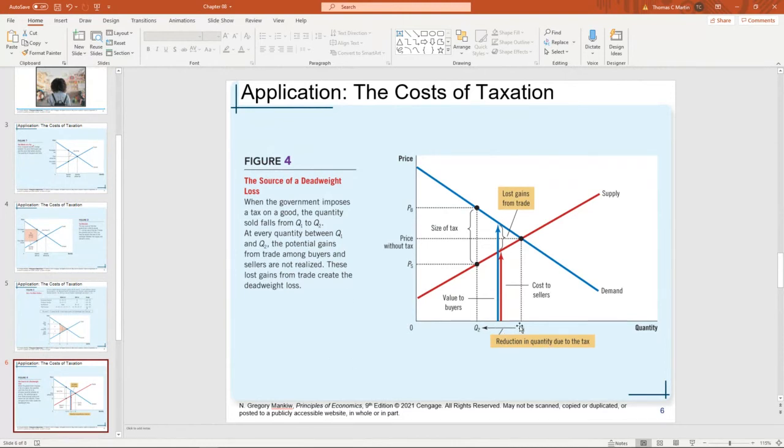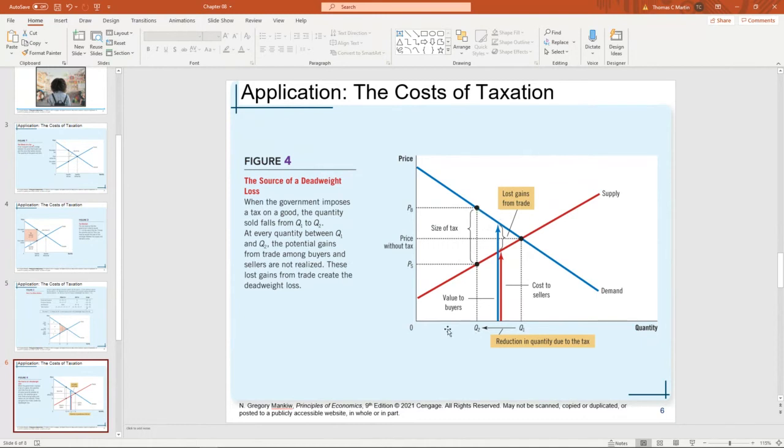So anytime we have a price above equilibrium or below equilibrium, there's going to be a reduction in Q. It doesn't matter if the price is high, the sellers want to sell it, or produce it, but the consumer's not going to buy it.